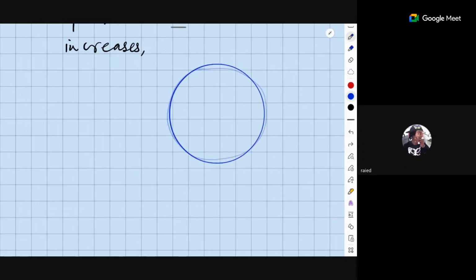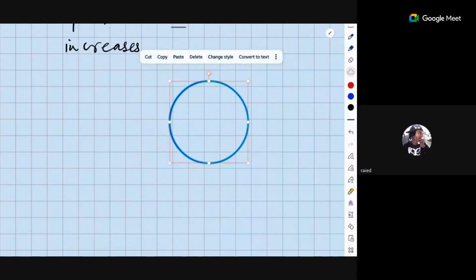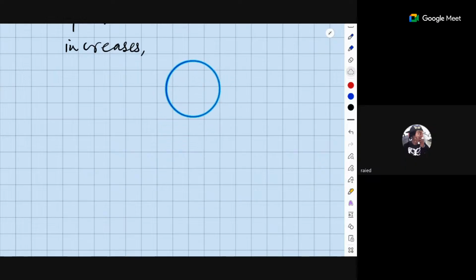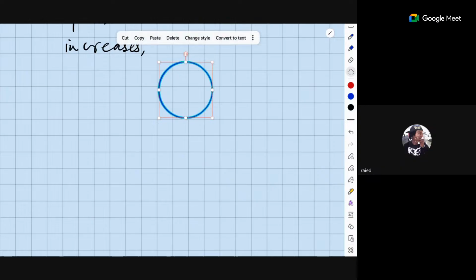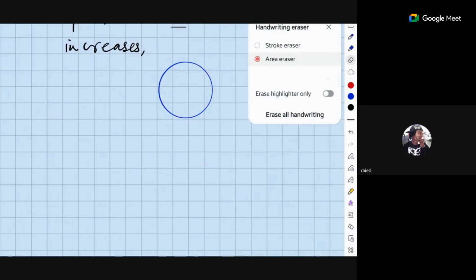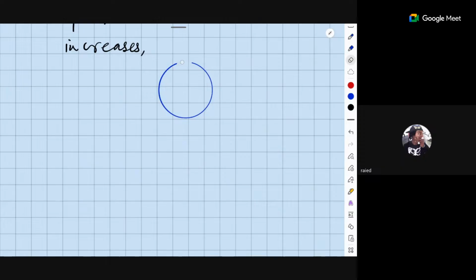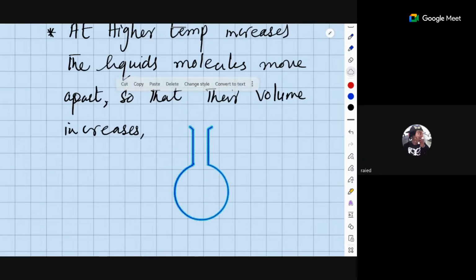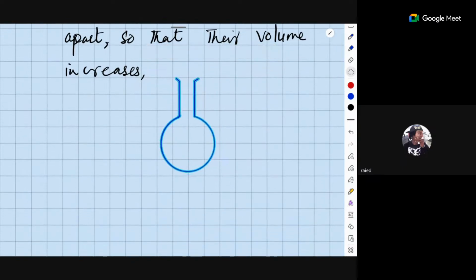If I have a conical flask that includes some liquid inside, and it has an opening here with a stopper placed in it. Did you ever see this flask in the chemistry lab? Yes, sir. This is called a round bottom flask or a conical flask.